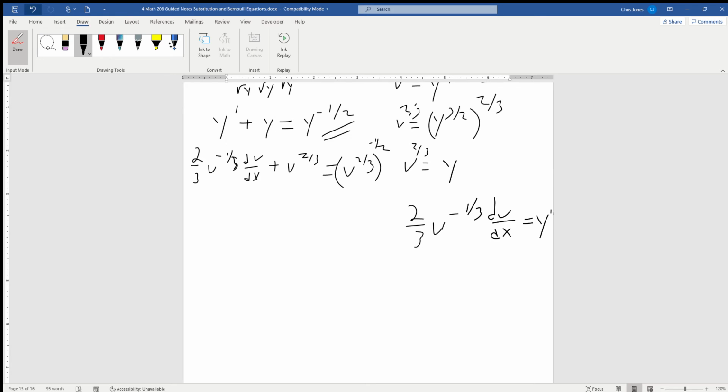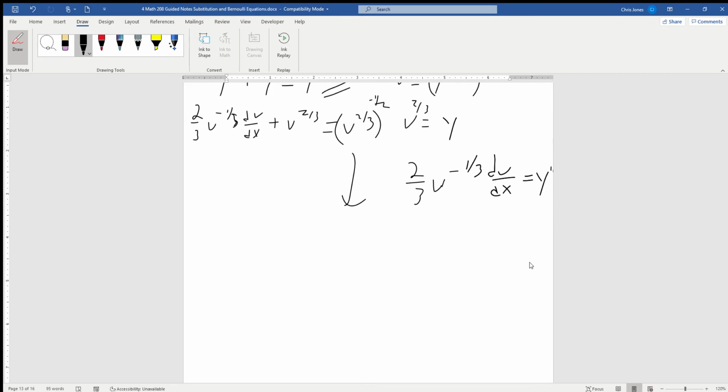All right, now we're going to simplify this just a little bit. So let's go down here, and we're going to rewrite this. We know that v to the 2/3, we're going to multiply that. So ultimately we wind up with this differential, 2/3 v to the minus 1/3 dv dx plus v to the 2/3 power is going to be equal to, when we multiply that, v to the minus 1/3 power.